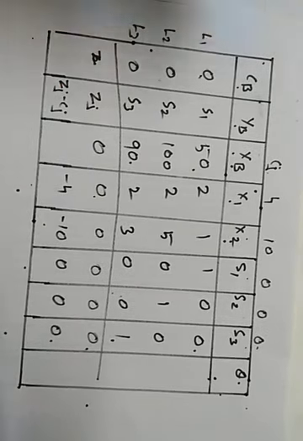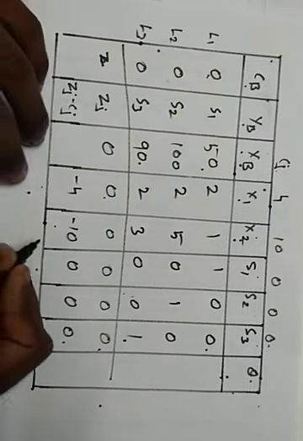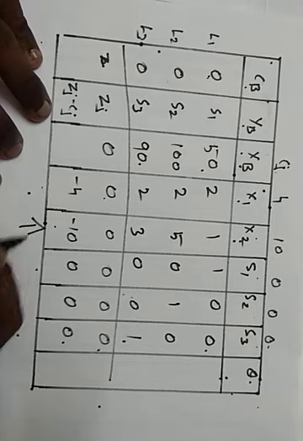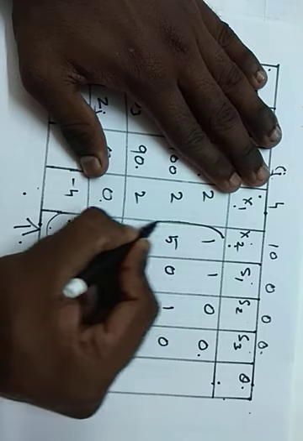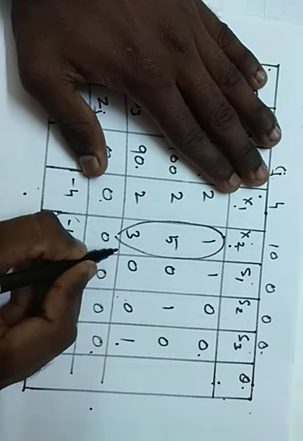Now in this we have to find the entering variable and the leaving variable. To find the entering variable, we have to take the largest negative value from the Zj minus Cj. The largest negative value is 10. So that column will be called as the entering variable.